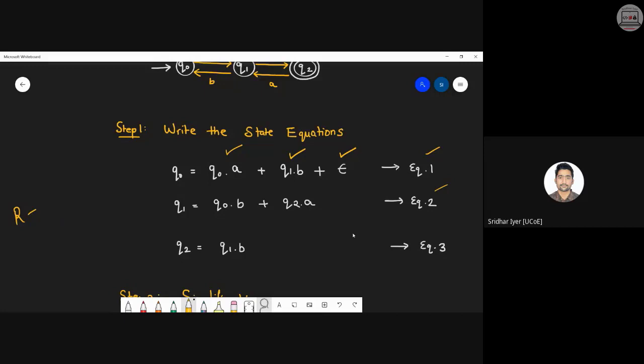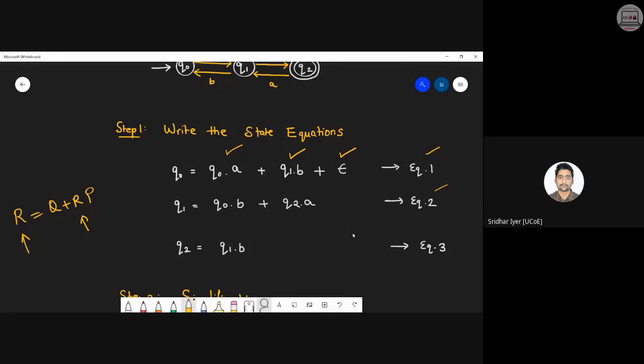This is R is equal to Q plus RP. So we need to make sure that the left-hand side symbol or expression is present on the right-hand side somewhere, right? So can we convert equation one? How will we do it? How to write it?